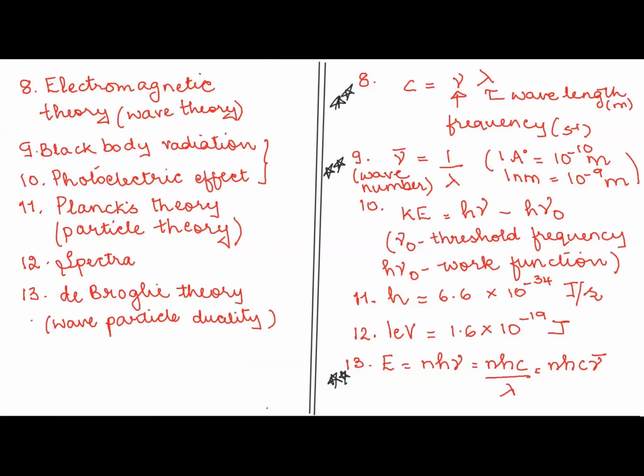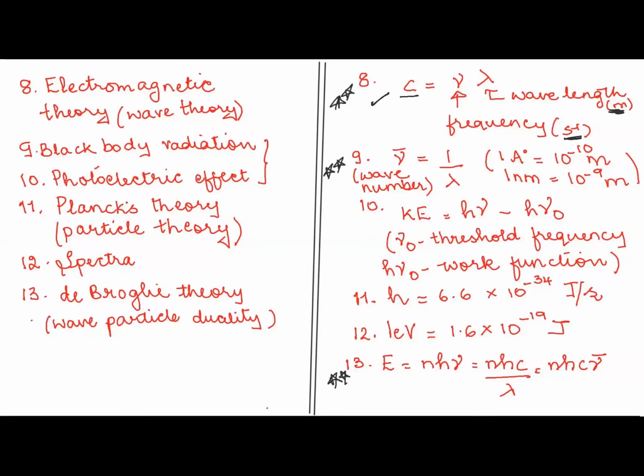Then we have a basic formula here. I'm hoping you all know this formula, right? C equal to nu lambda. You might be knowing this in various ways, of course. Nu is frequency and lambda is wavelength. Maybe you know it as nu equal to C by lambda or different ways. It all means the same thing here. Now, wavelength should be represented in meter and frequency in per second, and C, of course, is meter per second.